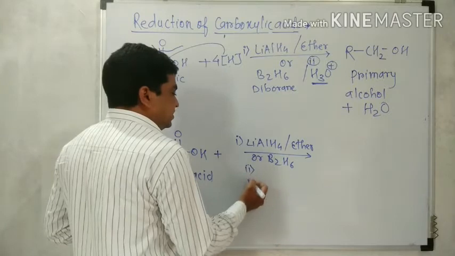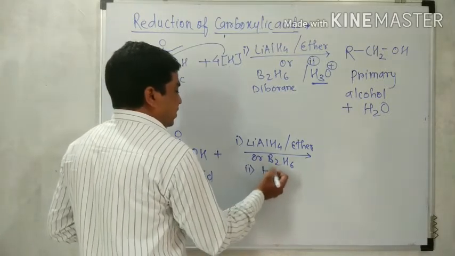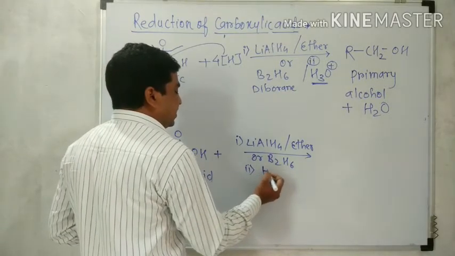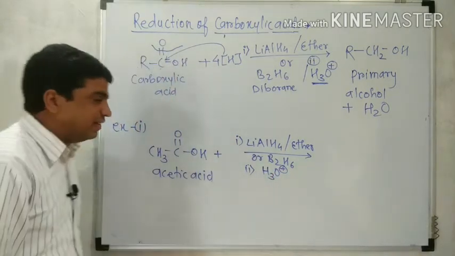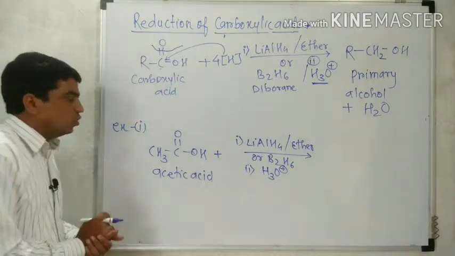Or the second condition is using B2H6 followed by H3O plus, that is hydrolysis with acidic water, H plus and H2O.